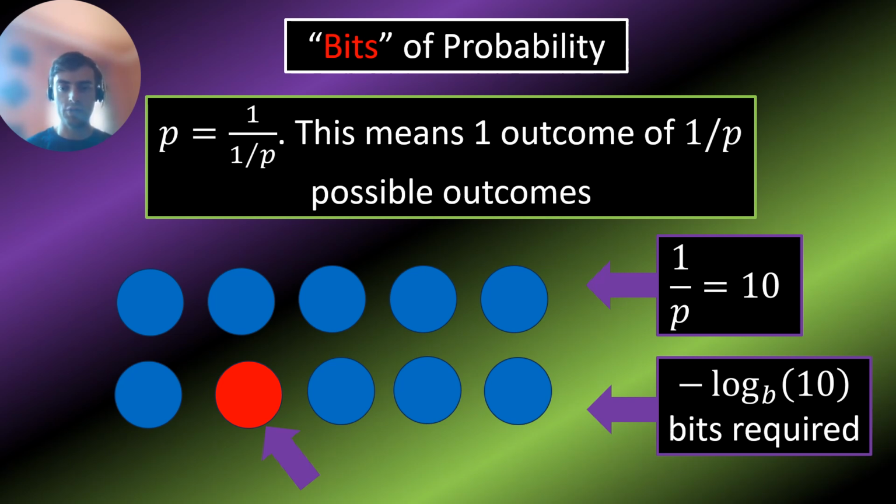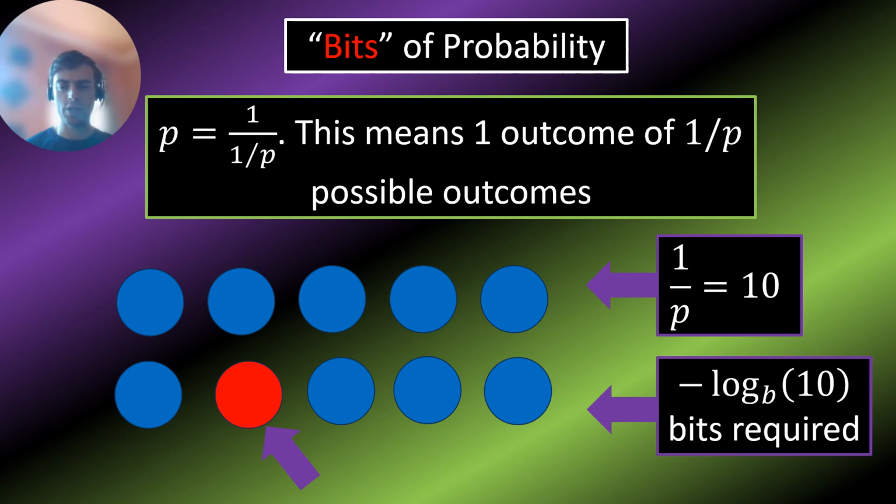So that means that negative log base b of 10 would be the number of bits that you need to encode this probability. And you only need the denominator because you could create the picture with the 1 over p when you have it in that form, which is pretty cool.